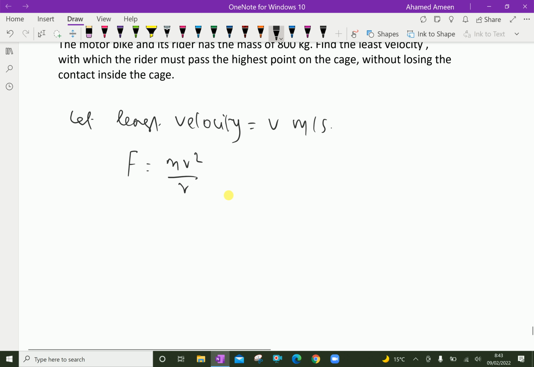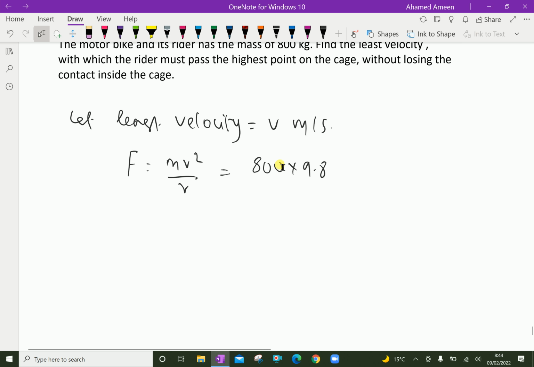Here that mass, the rider with bike, is 800, then 800 into 9.8.